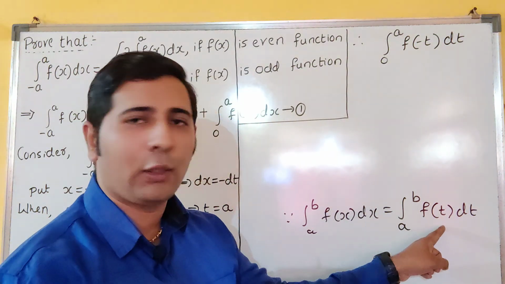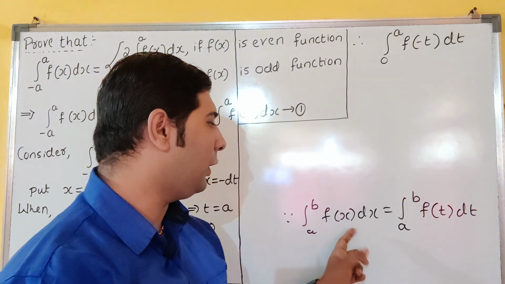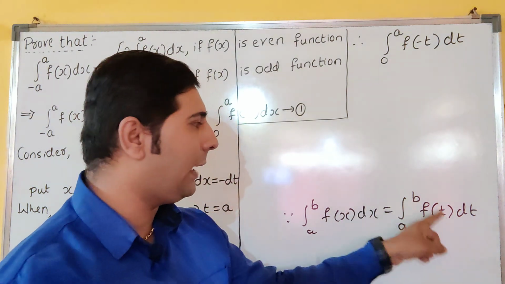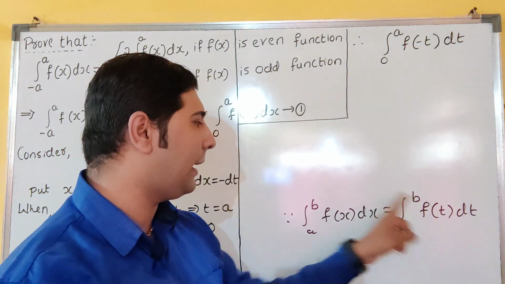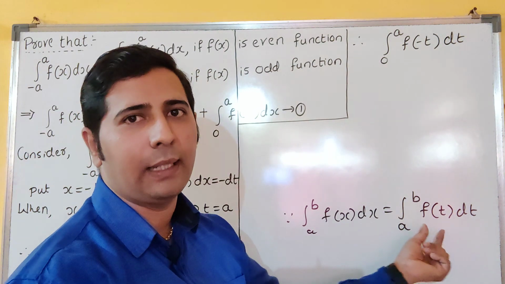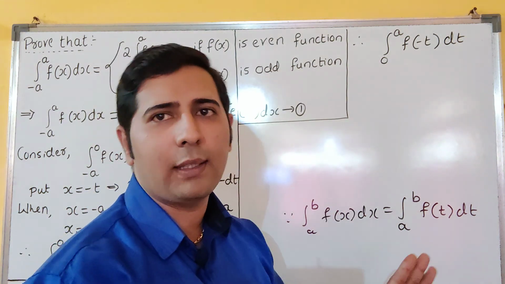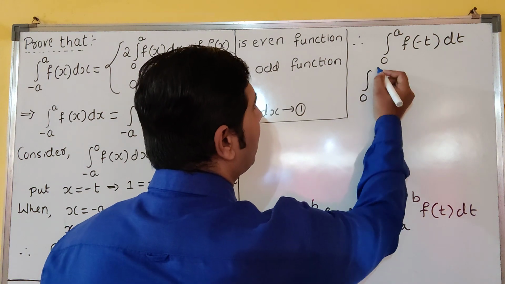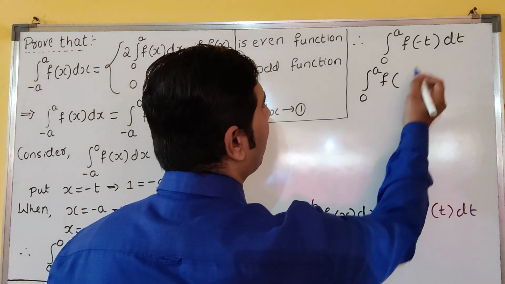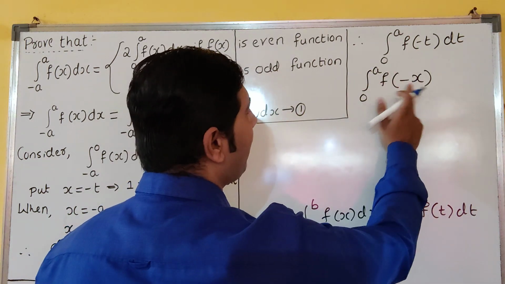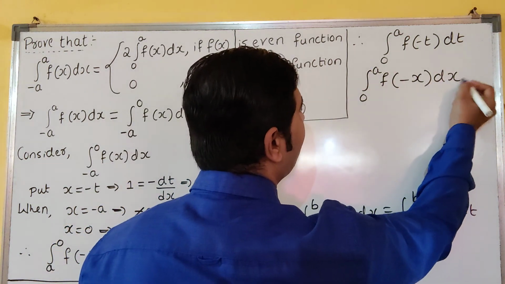You can replace x by t, or t by x. If you change the variable, it doesn't make any sense, so I can change the variable now. 0 to a f of what? t has become x, minus t will become minus x, dt will become dx.